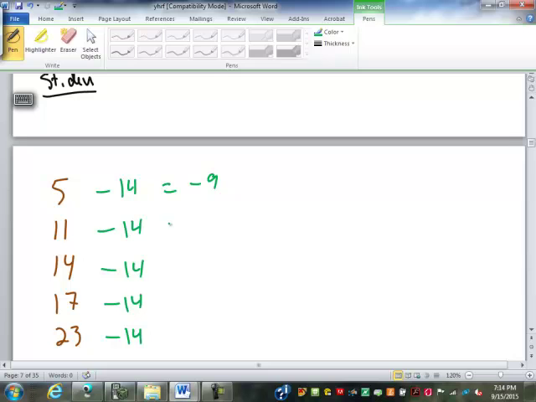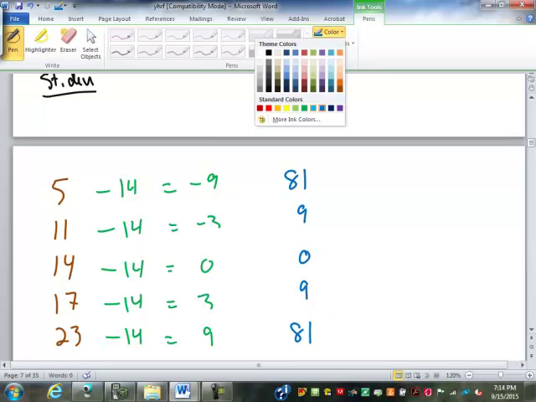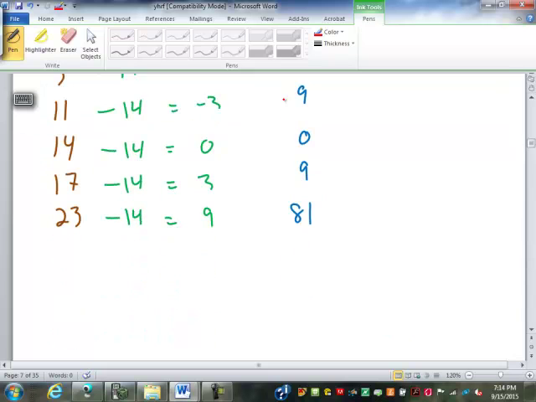So negative 9, negative 3, 0, 3, and 9. Then we're going to square them. Negative 9 squared is 81. Negative 3 squared is 9. 0 squared is 0. 3 squared is 9. 9 squared is 81. Sum is 180.